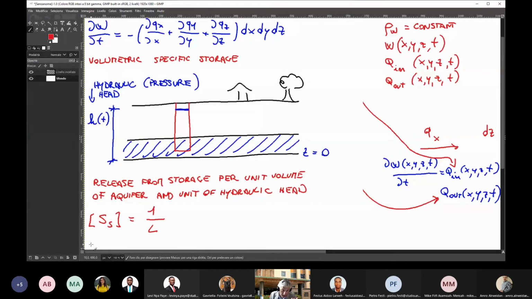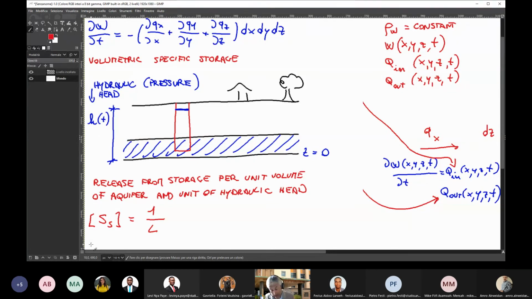Typically, the hydraulic head goes down. And then I can estimate the volumetric specific storage as the volume of water that I took from the well, per unit volume of the aquifer and unit decrease of the hydraulic head. So it is quite simple if you define it in this way.